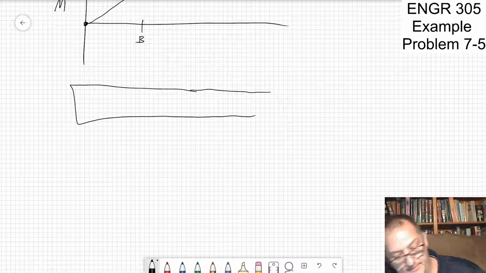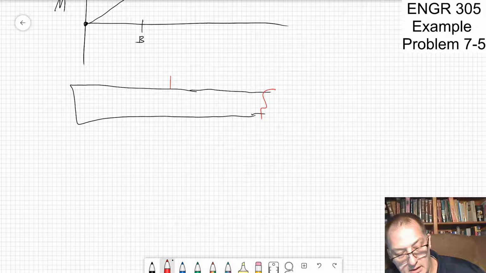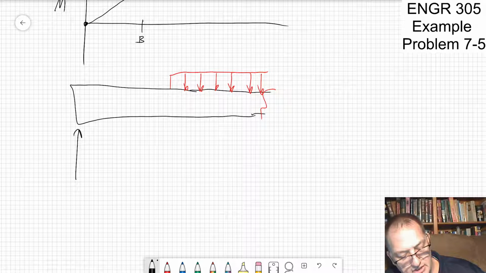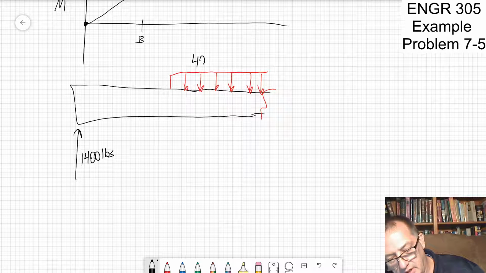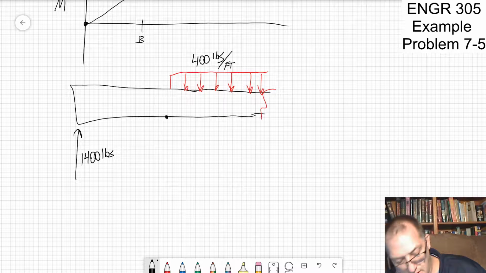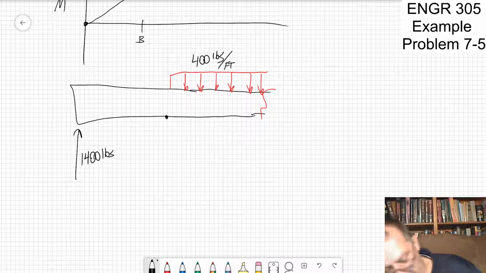There's my beam. I'm going to split it anywhere here. And now I'm adding a distributed load here. I've still got my reaction force, 1,400 pounds. This is 400 pounds per foot. All right, I get a reaction force.